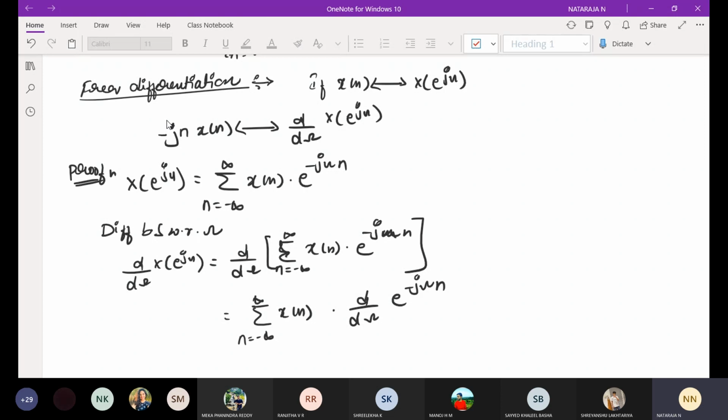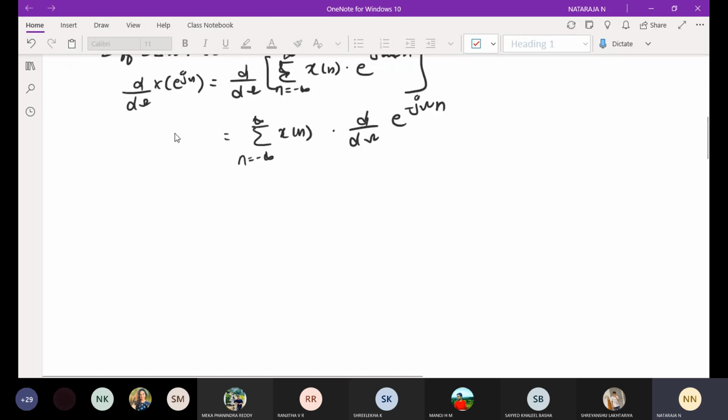The x of n will not change; I differentiate e power minus j omega n with respect to omega, which gives minus j n into e power minus j omega n.